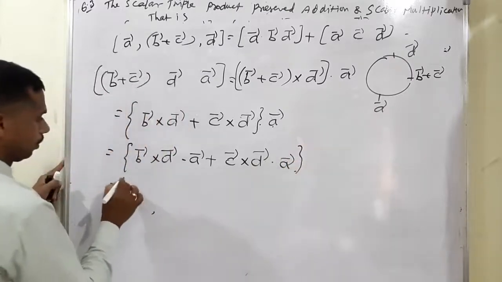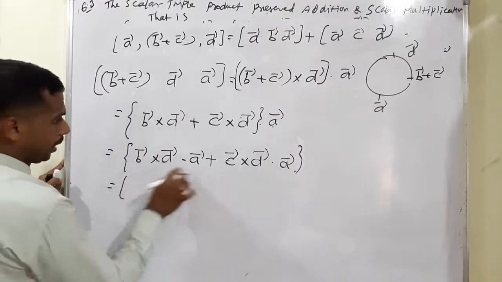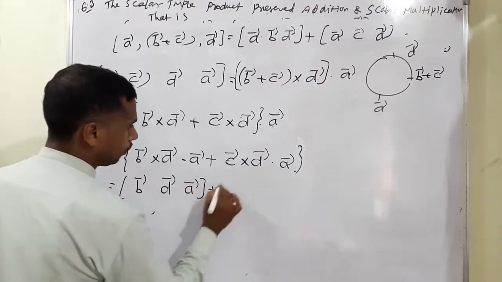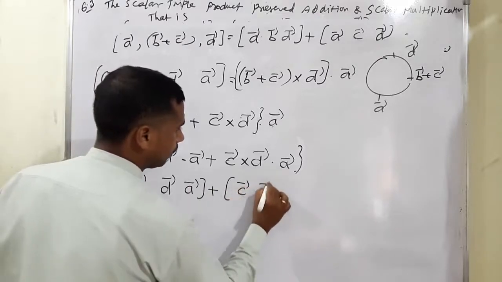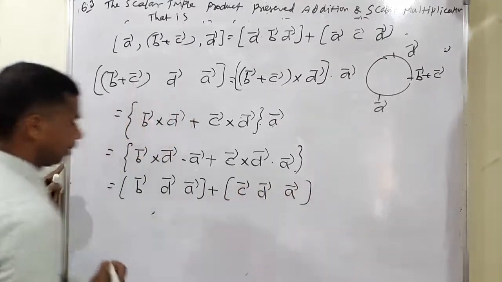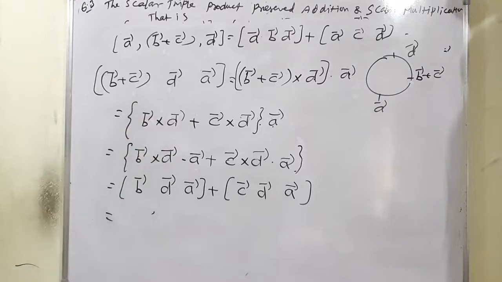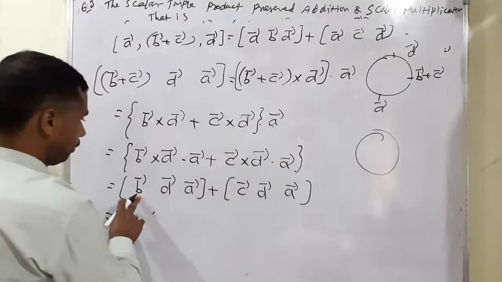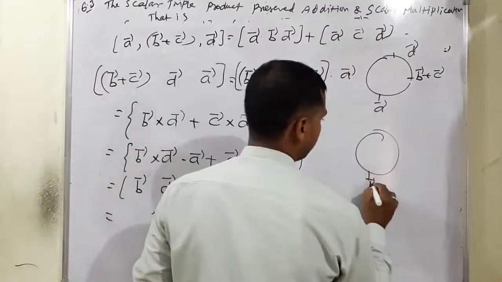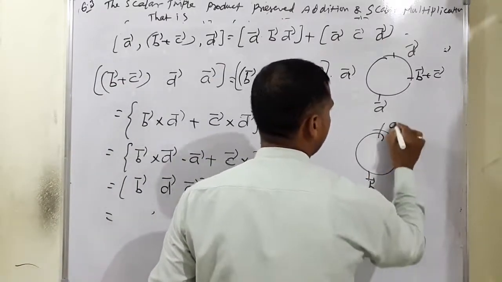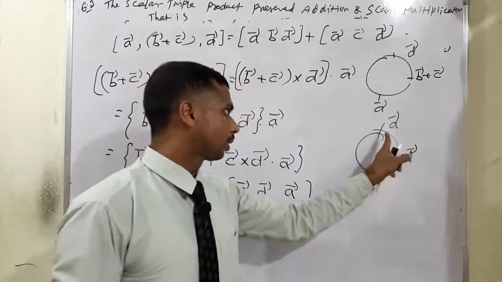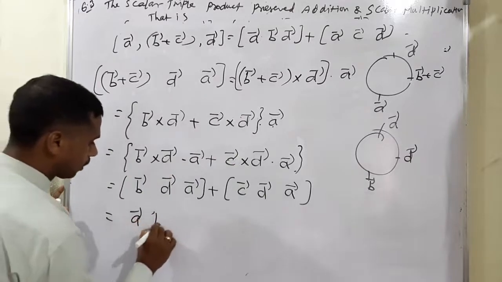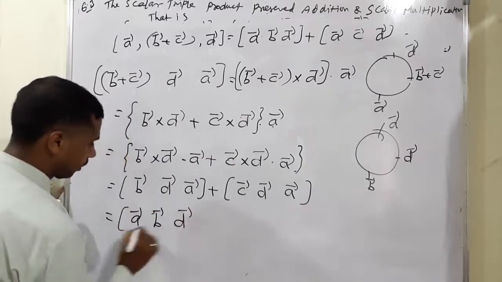Now the triple products BDA plus CDA. Starting with A means the same circle: BDA, B vector, D vector and A. Starting with A counterclockwise, we can write A vector, B vector and D vector.